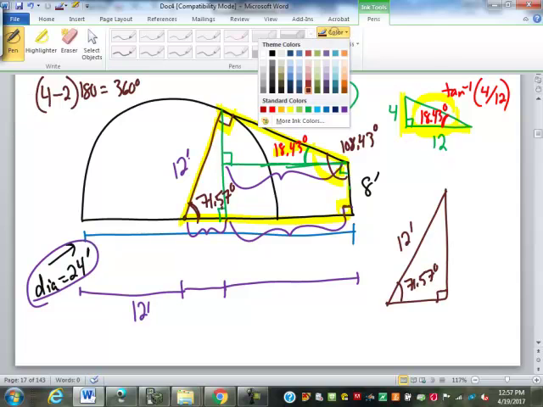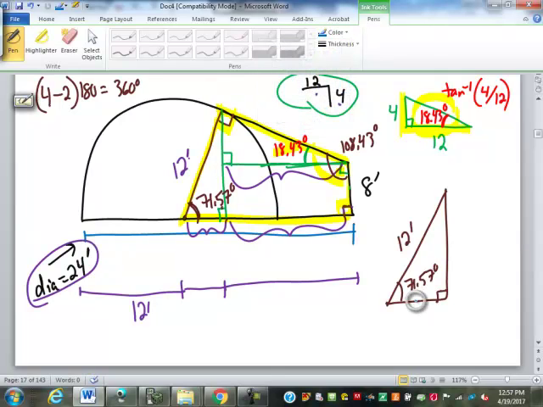Now that I have that, I can find this distance here. I'm going to call that A, and this distance here I'm going to call B. A is the adjacent side. I have the hypotenuse, that's going to be sine. Sine of 71.57 degrees equals A over 12. Put this over 1, cross multiply and divide.